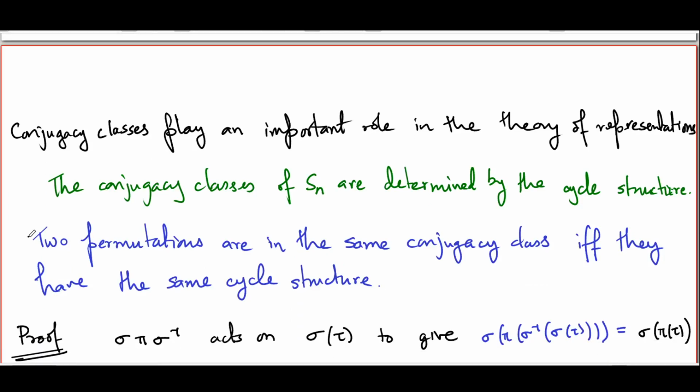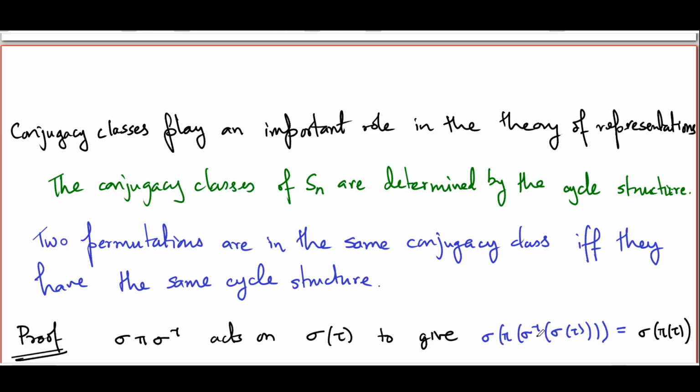And the proof of this hinges on this very simple observation: if sigma and pi are two permutations in Sn, then sigma pi sigma inverse acts on sigma tau, where tau is one of these objects, 1, 2, 3 up to n on which the permutations act, to give, well, through composition, sigma acts on tau first to give you sigma tau, then sigma inverse acts on that, then pi acts on that, then sigma acts on that.